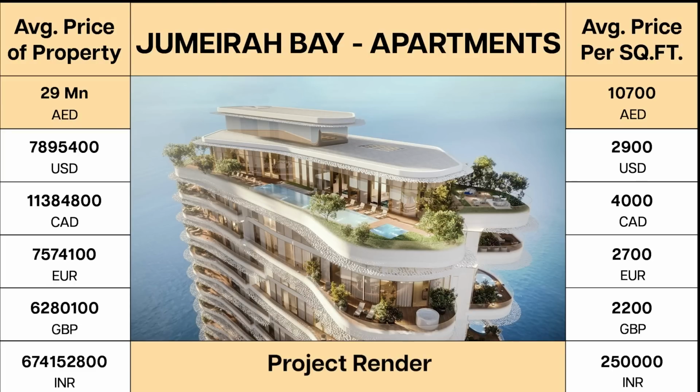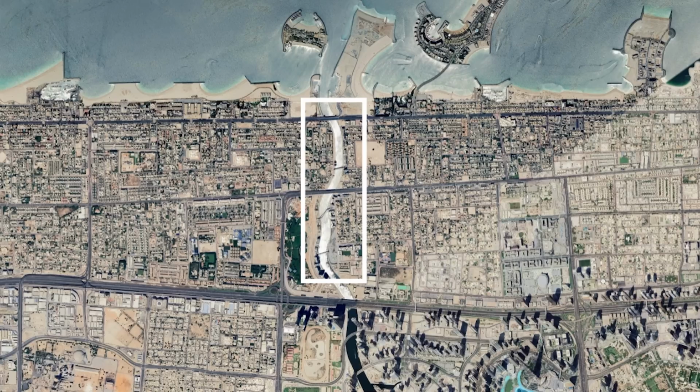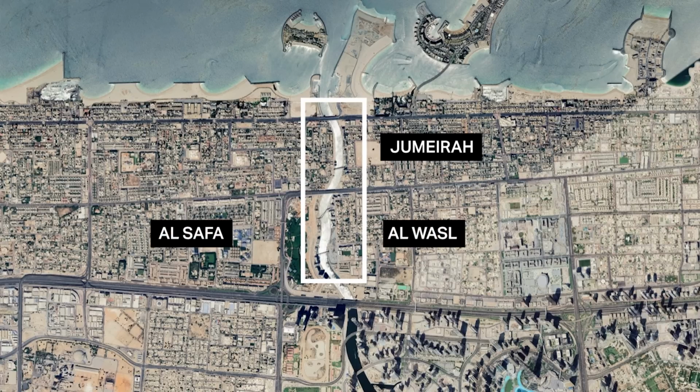These are ultra luxury high-end residences on an island with close proximity to downtown, and they cost above 10,000 dirhams per square foot. In between the Jumeirah Bay Island and downtown, there are the areas of Jumeirah, Al Wasl and Al Safa, adjoining the Canal and the Safa Park, which is one of the largest city parks.